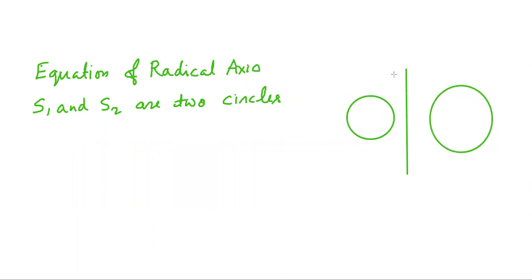Now I say the tangent from this circle: if you draw a tangent from any point to this circle and to this circle, they are the same. This is known as the radical axis of this circle S1 and this circle S2.